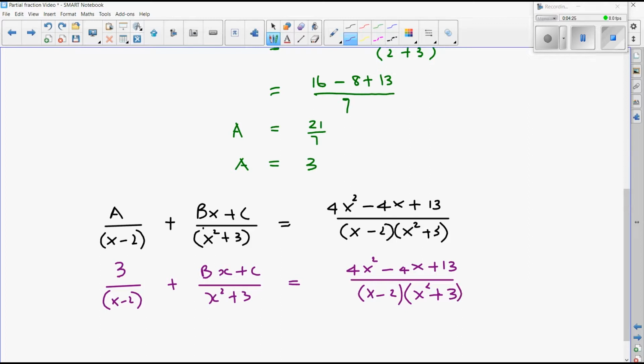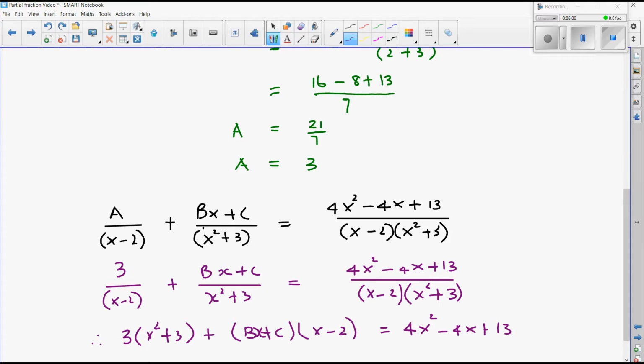Right, so I know my lowest common denominator is going to be x minus 2 times x squared plus 3. So each numerator is going to be multiplied by the factor of the LCD that is missing. So in the first fraction, I have 3 times x squared plus 3. bx plus c must be multiplied by x minus 2. And this gives me 4x squared minus 4x plus 13.